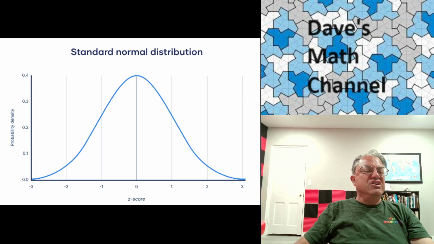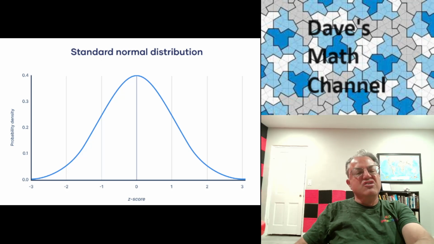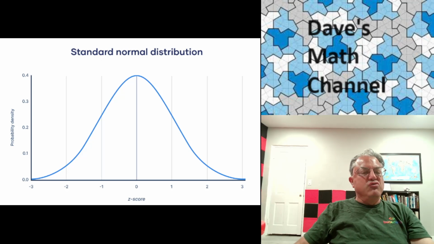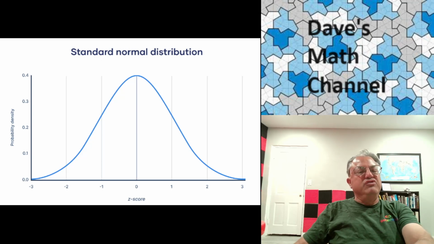Usually we're interested in determining areas under portions of the standard normal distribution. This is when you want to know what percentage of your data lies between two values. First you have to convert them to standard scores, and then you have to compute this area. And it's not an easy area to compute. There is a function that does this.